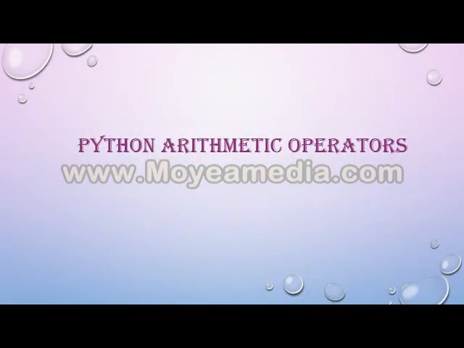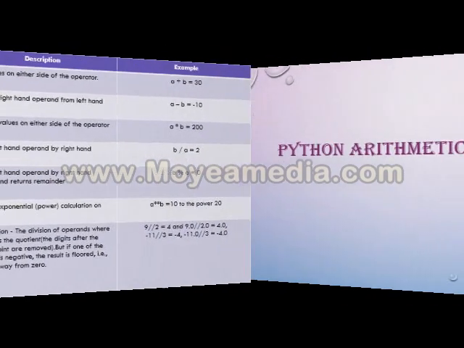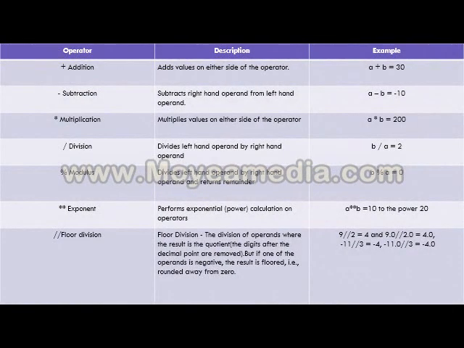Firstly, we will study the Python arithmetic operators. There are 7 arithmetic operators: addition, subtraction, multiplication, division, modulus, exponent, and floor division.